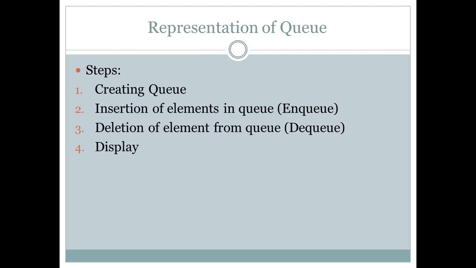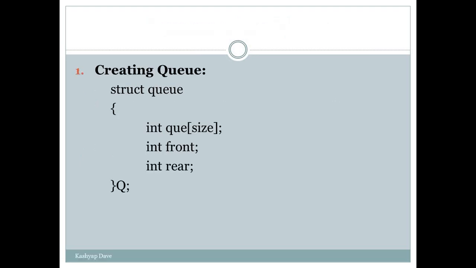Now representation of queue. So different steps are there for representation of queue. First is creation of queue, second one is insertion, or enqueue operation, third is deletion, or dequeue operation, and fourth one is display. So first, creating queue.